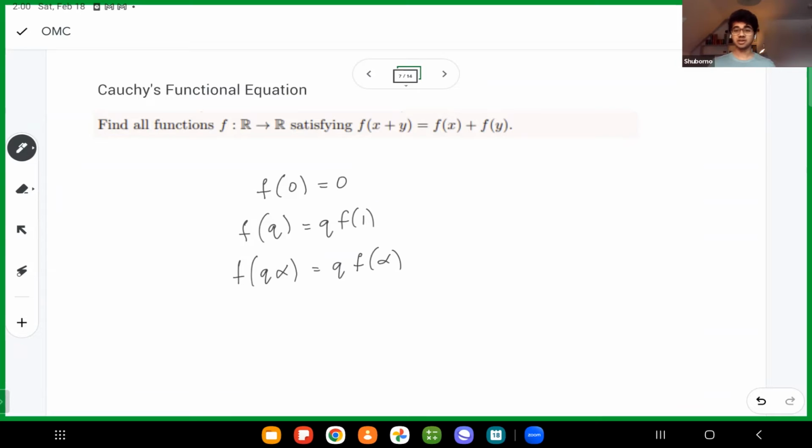But I think that's basically everything that we would get from this. Usually what they do, like Pranav mentioned, is give something else.